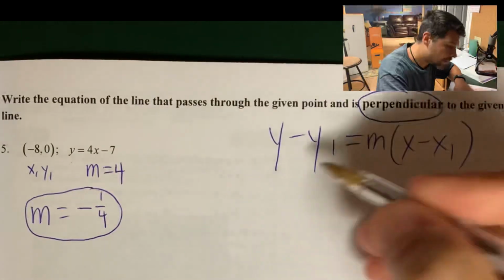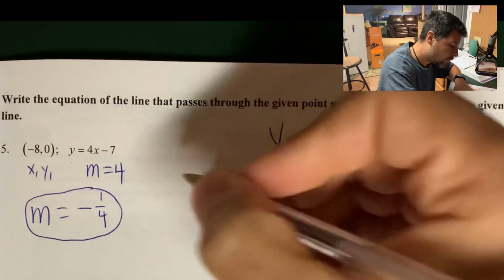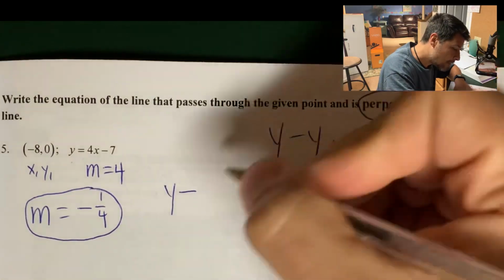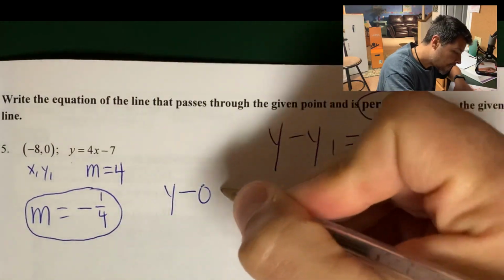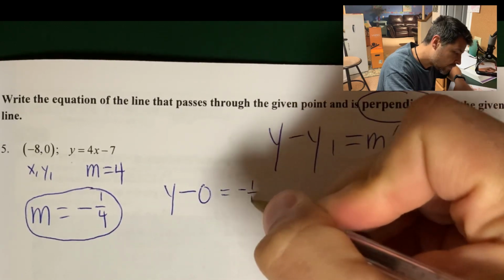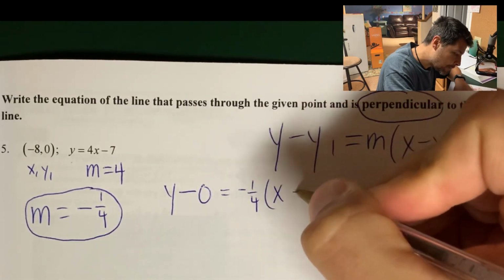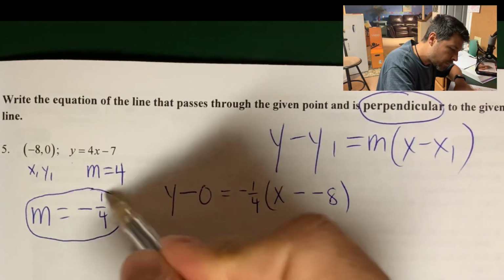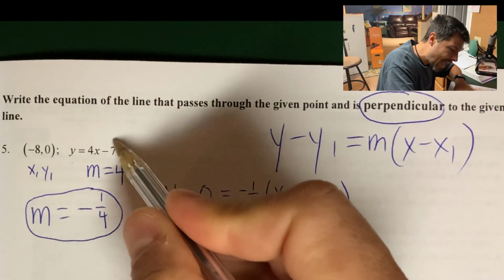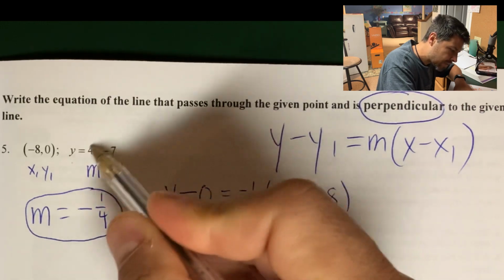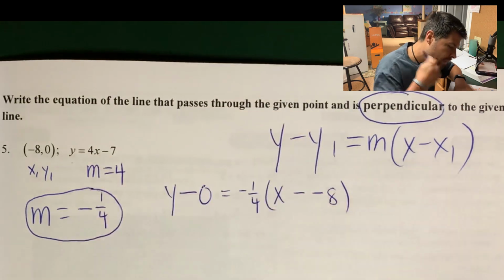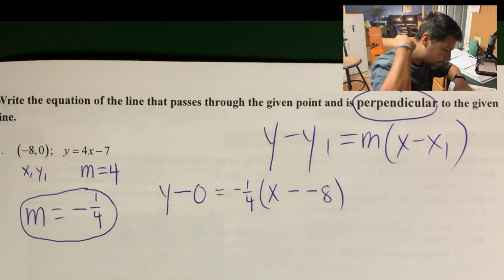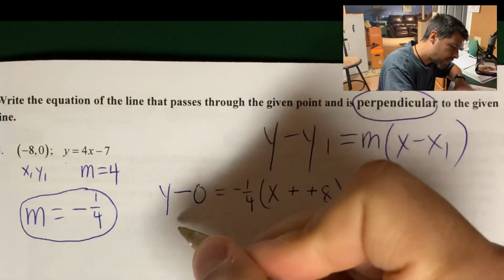Let's take these three numbers and plug them in the equation like we've done before. Y minus my y1 value, 0, equals m, which is negative 1/4, times x minus 8. I always like to circle the slope that we want. I write down the slope that we have. The slope that we have of the line is 4, but I want the one that's opposite reciprocal to it, so I circle that one so that I don't get confused.